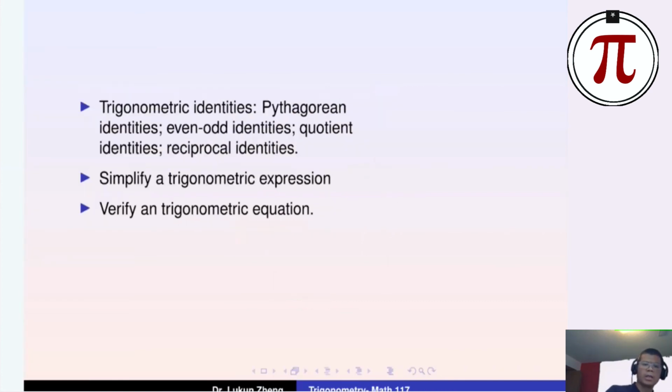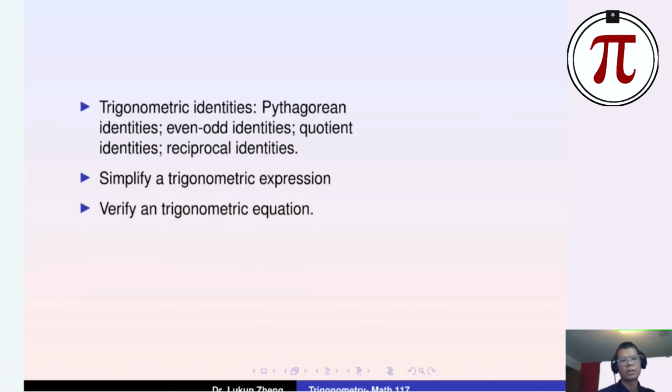Now, section 3.1, chapter 3, is going to be all the identities, right? Again, here: trigonometric identity, Pythagorean identity, even-odd identity, quotient identity, reciprocal identities, and you have to use the identities to simplify a trig expression. Now verify a trigonometric equation and check those examples, right?